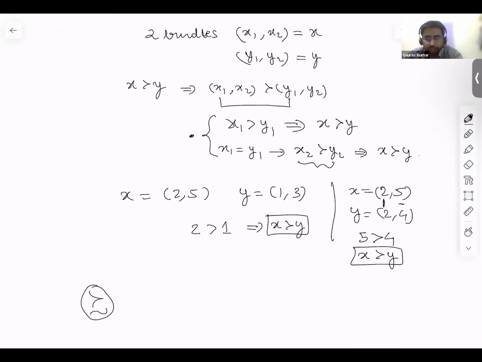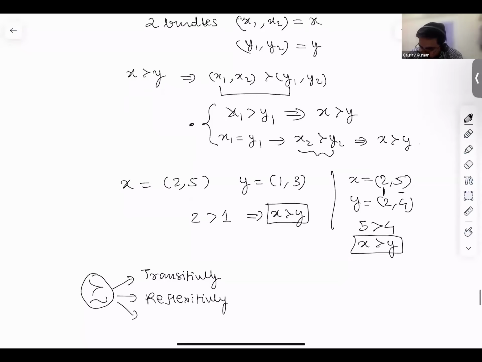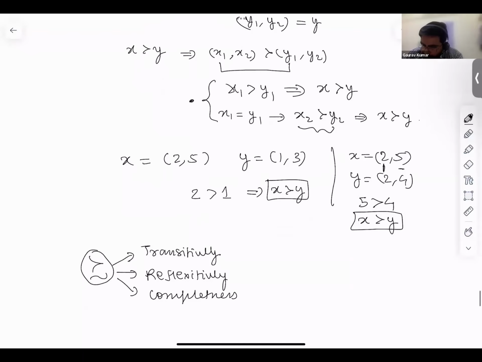This preference order has some properties: the property of transitivity, reflexivity, completeness, and continuity.